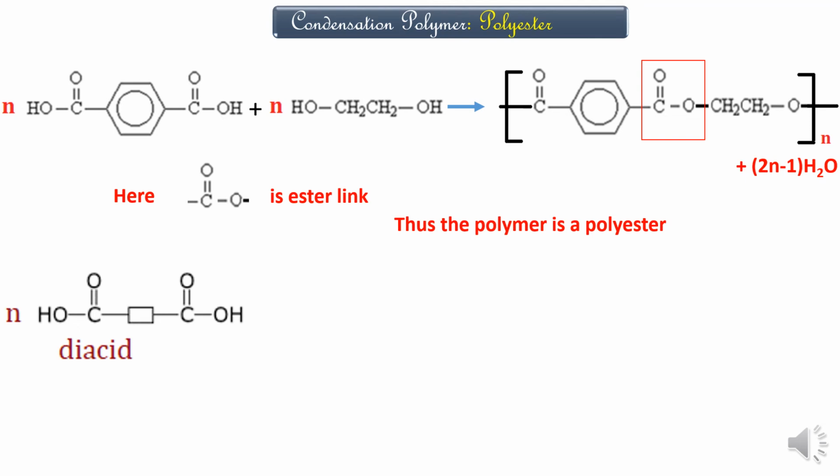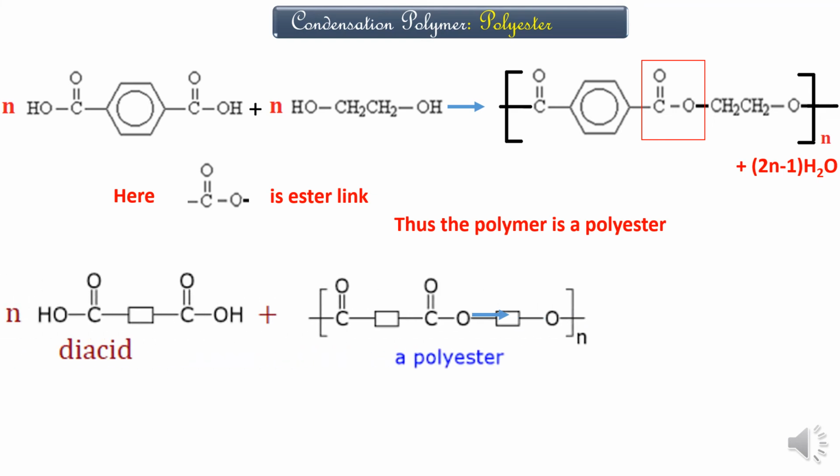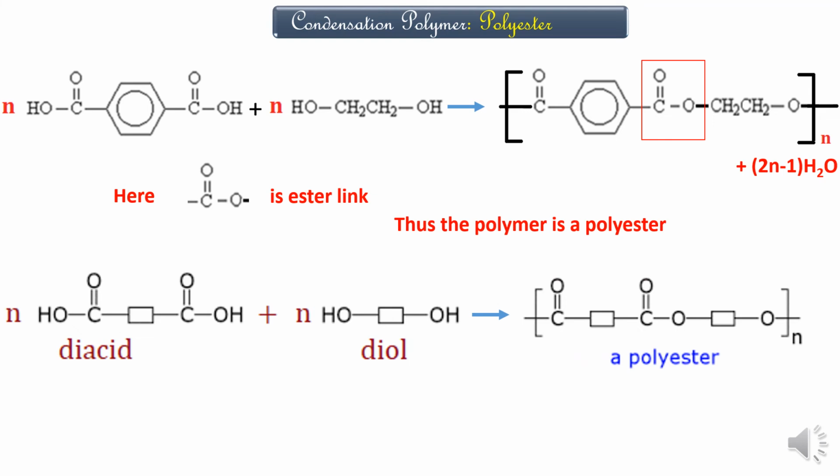Get another example. A diacid, dicarboxylic acid here, and a diol. Can you write the polymer? Simple. From the diacid just cross out OH, and from the diol cross out H. They will make water, and the remaining part will be together, just with n and bracket.